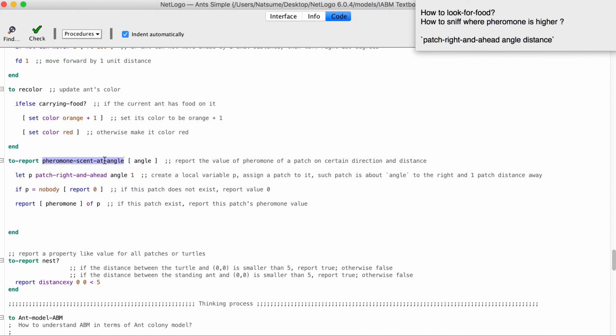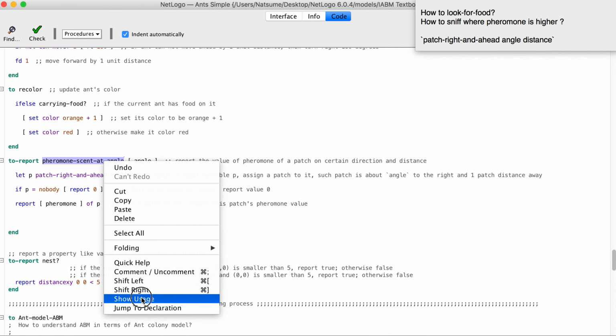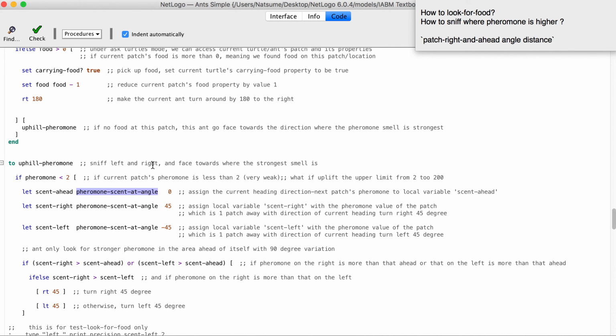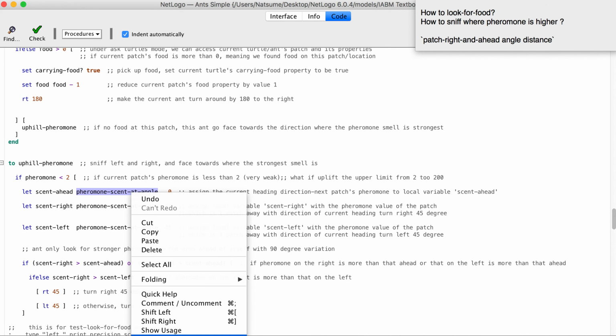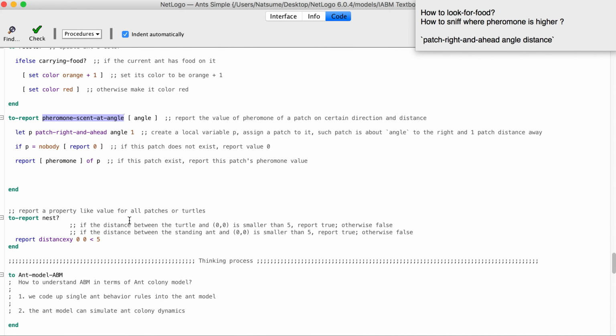That's why we have 0, 45, negative 45 after it. Okay, so what does this function say? It says, let's create a local variable p and assign the result of this function to p. So what does this part do?